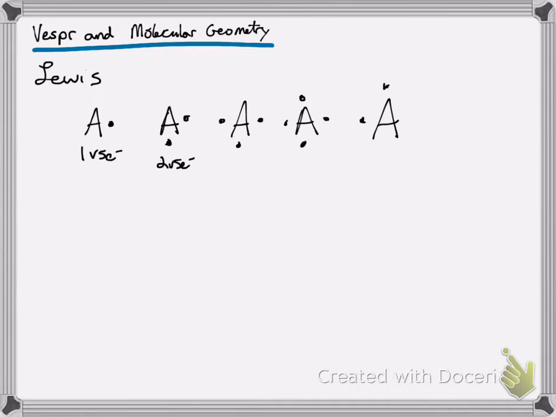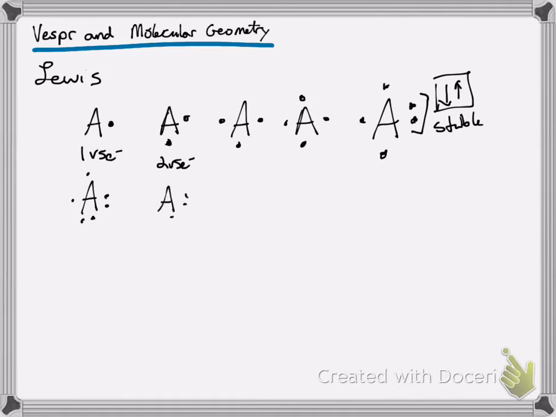Now, as we learned a few chapters ago, this is stable. We're looking at something that looks kind of like this in a box, and this is stable. So that's interesting. Keep that in mind. If we do 6 valence shell electrons, it usually ends up with 2 stable pairs and then 2 unstable electrons.